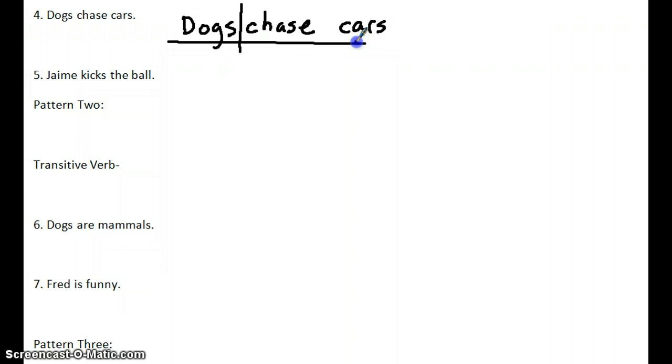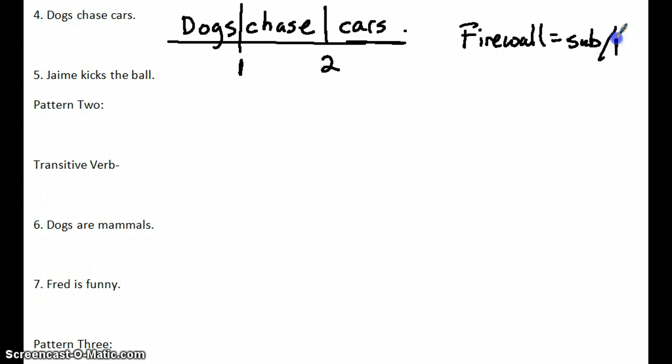What would I do? I extend the horizontal line a little bit, and I add a next vertical line. You'll note that this vertical line, the second one, is different than the first one, in that it doesn't cut through the horizontal. Remember, there's only one firewall, and that is the wall between the subject and the predicate.